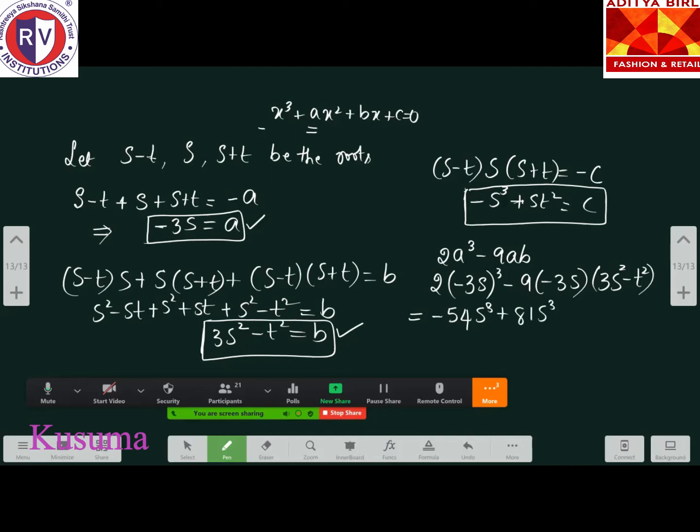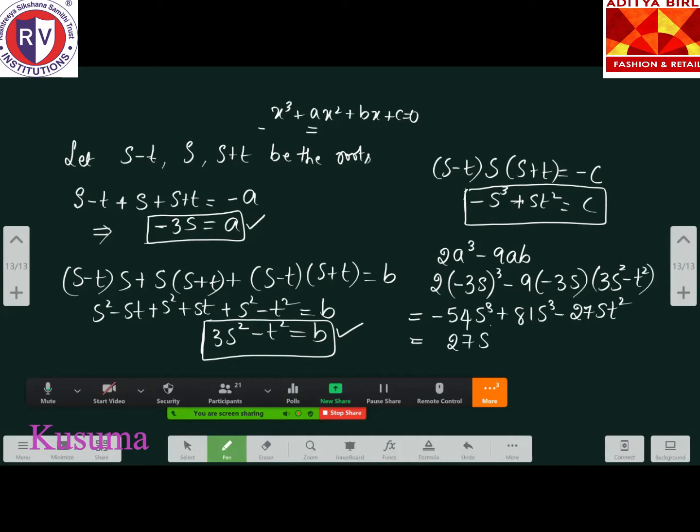Plus 81 s cube. Minus 27 st square. Minus 54 will be this.